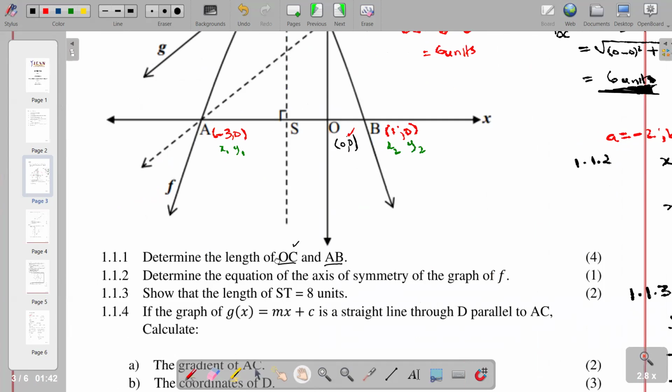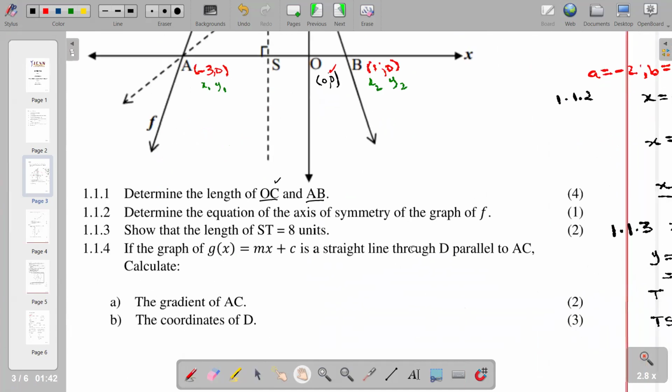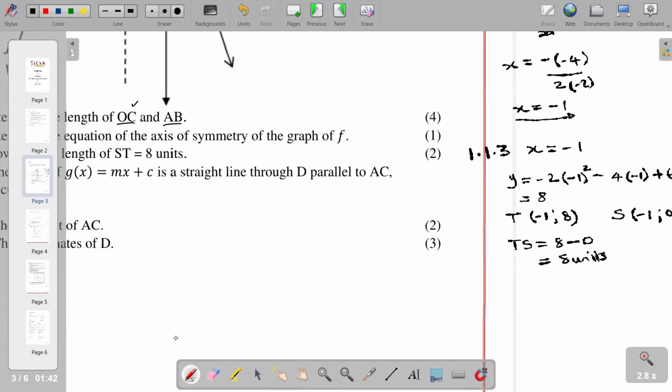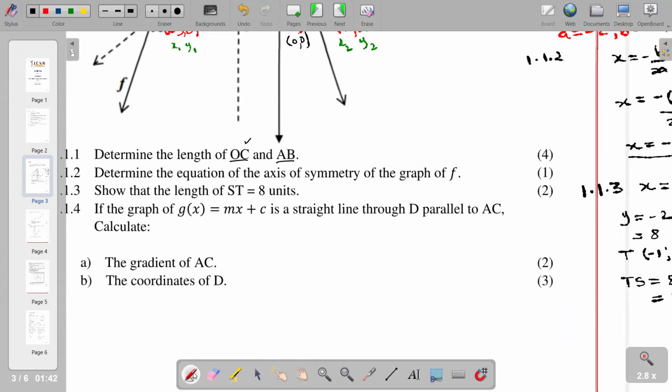Question 1.1.4, part A. You have to know the coordinates of A and C. From our diagram, the coordinates of A are -3, 0, and the coordinates of C have been obtained to be 0, 6.